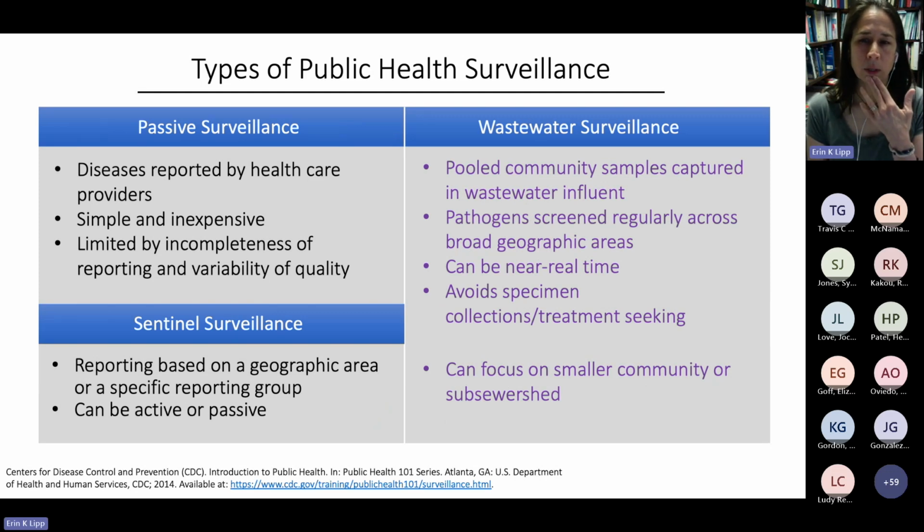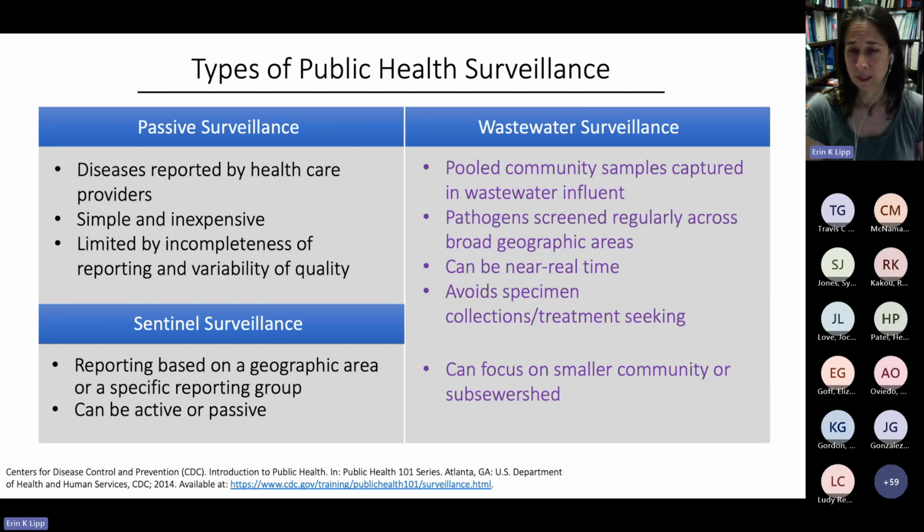If you look at wastewater surveillance, it really falls into this idea of passive surveillance. You're getting a pooled community sample captured in wastewater influent. So instead of being reported by healthcare providers, it's essentially being reported by the lab that's processing the samples. Pathogens are screened regularly across broad geographic areas.